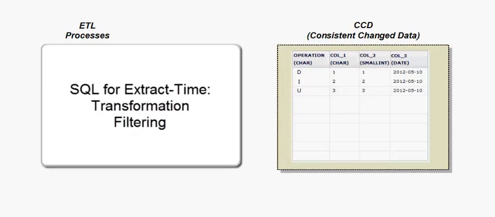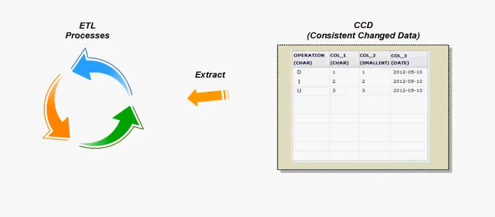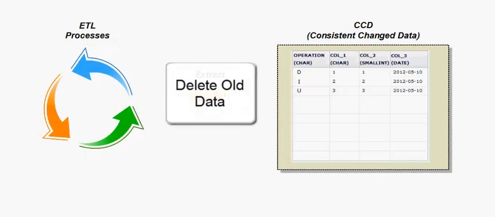And since the extract is done through SQL, you have the full power of SQL to transform and filter the data as you extract it. In addition to whatever else it does, the ETL tool can also delete data from the CCD when it's no longer needed. This is especially useful since the Replication programs do not delete data from CCD tables.